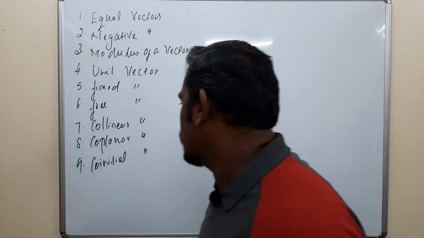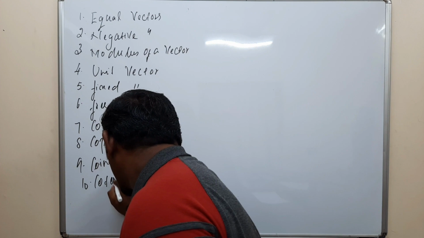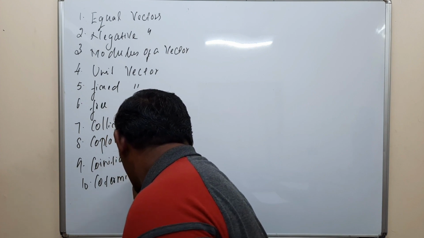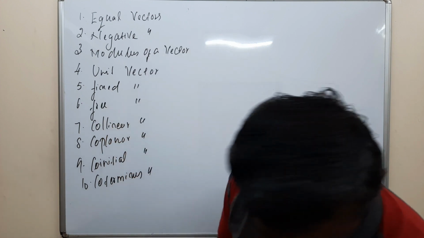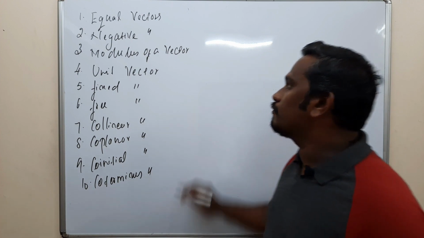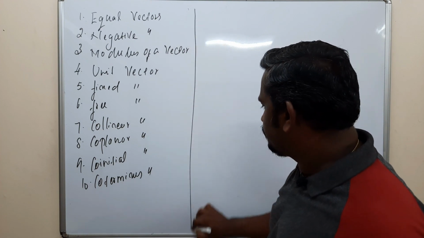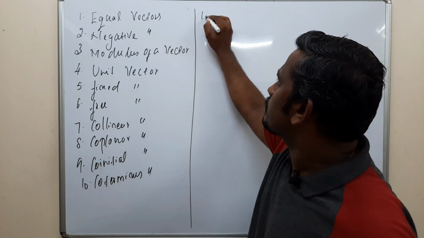And the tenth one, coterminus vectors. So these are the different types of vectors we have to discuss. Okay, so we discuss one by one. First, equal vectors.